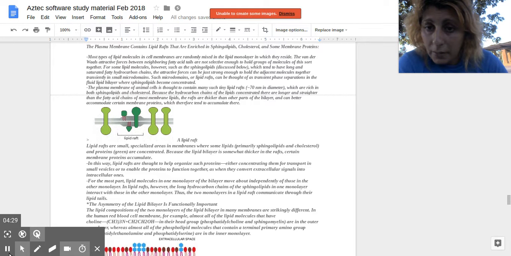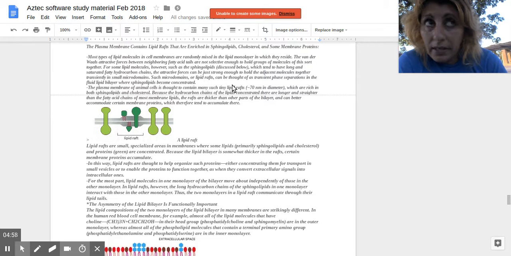For some lipid molecules, however, such as sphingolipids, which tend to have long and saturated hydrocarbon chains, so singly bound hydrocarbon chains, the attractive forces can be strong enough to hold adjacent molecules together transiently in small microdomains, which are also called lipid rafts.